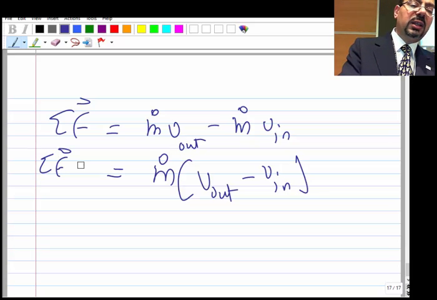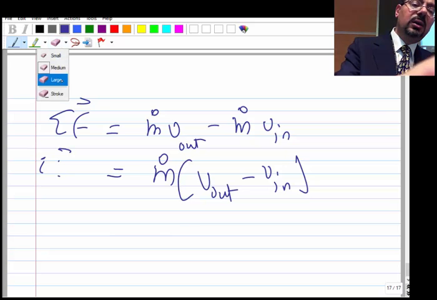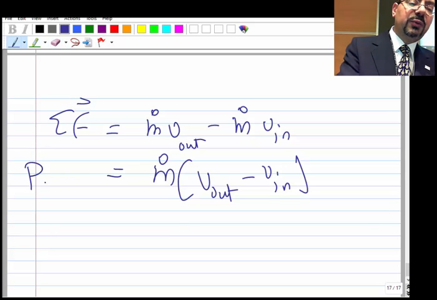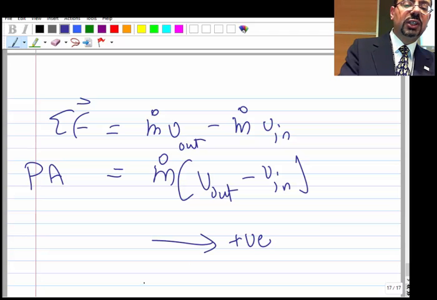And those forces are usually shear forces, pressure forces, body forces, right? So if we have only pressure force, it will just be P times area. And if it's in the positive direction, it's plus, and if it's negative, it's minus. Okay?